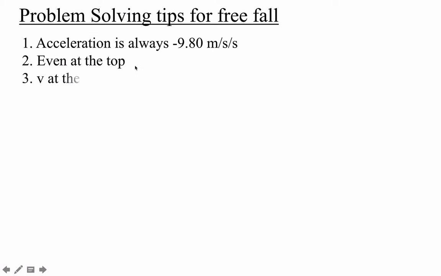And then the final one is that the velocity at the top is 0, okay? Oh, wait, I'm not sure my pen is the right color here. Oh, it's red. We'll go with the red pen. So what I'm saying here is that we're eventually going to do this lab where we shoot these rockets up, right? The rocket's going to go up, and it's going to go down.